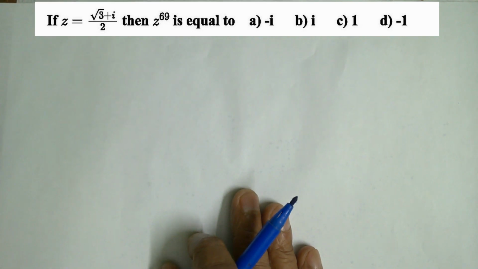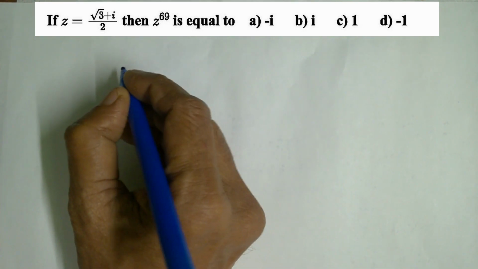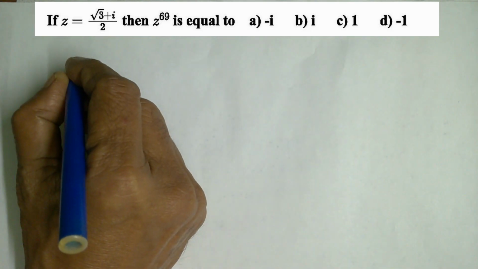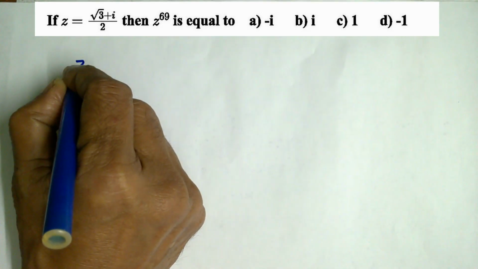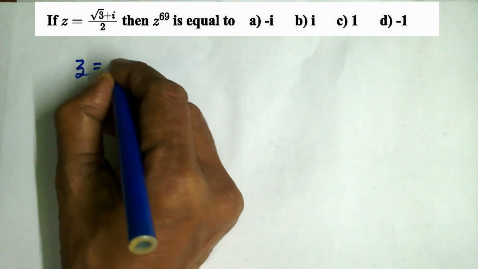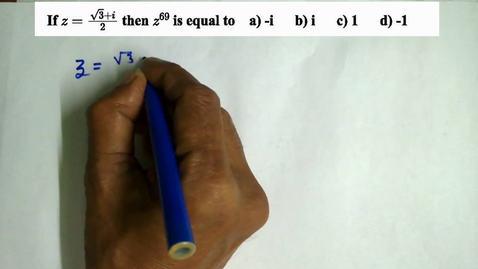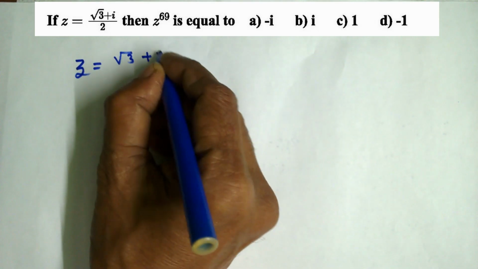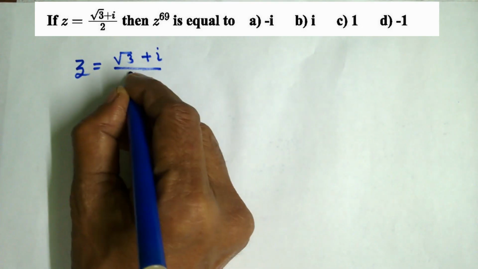First write z is equal to root 3 plus i by 2.